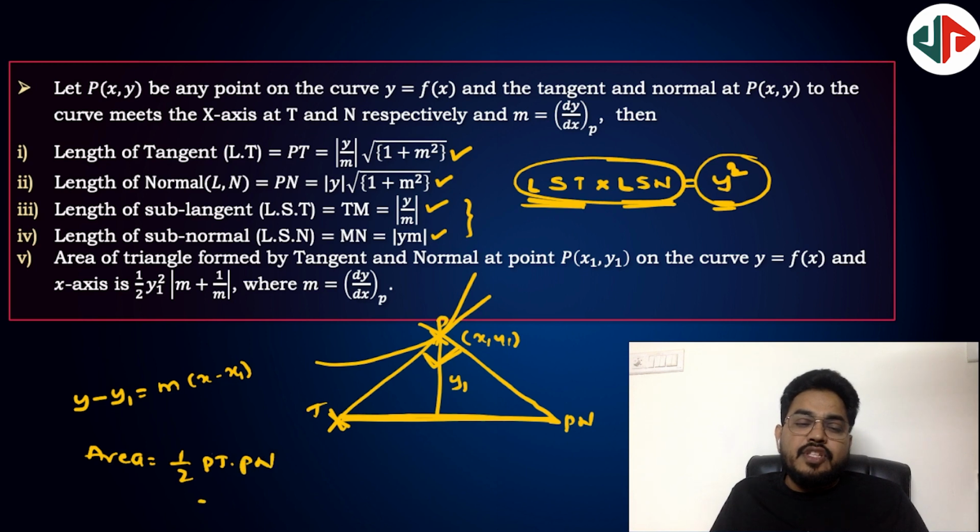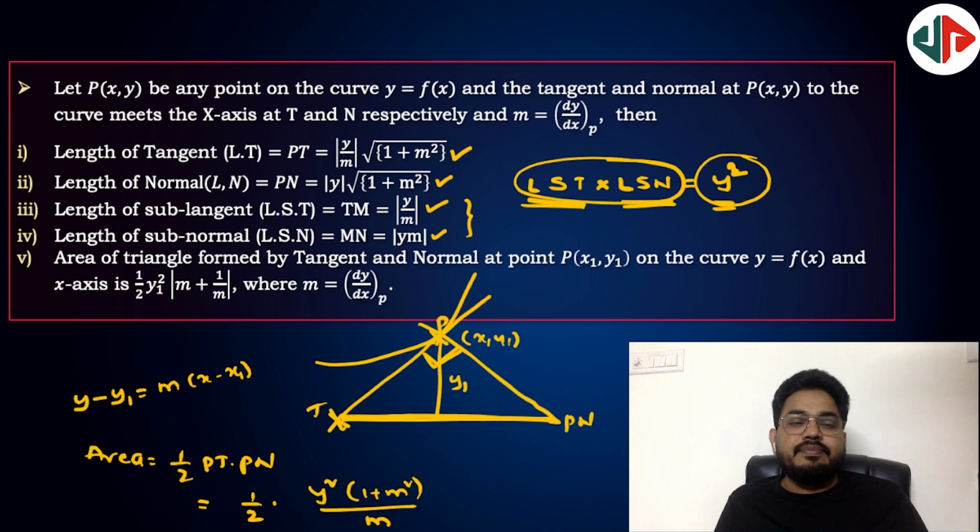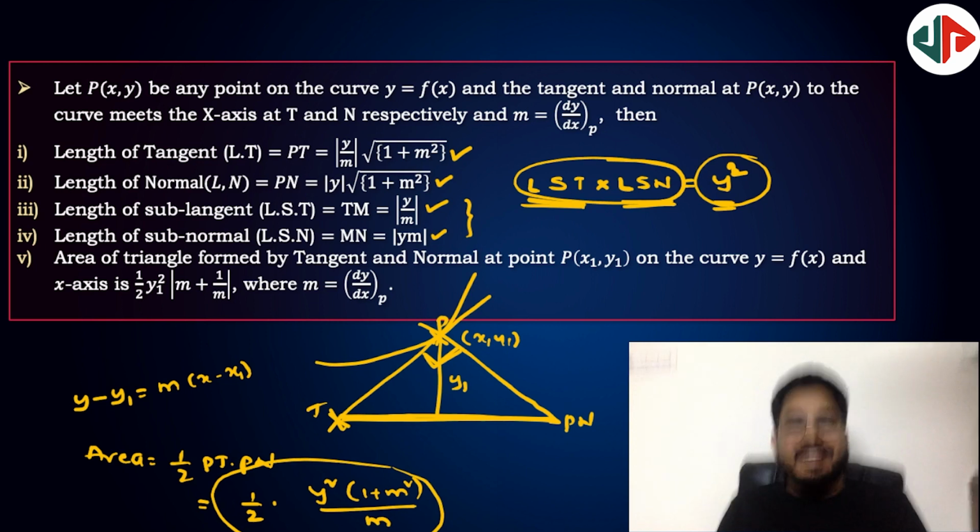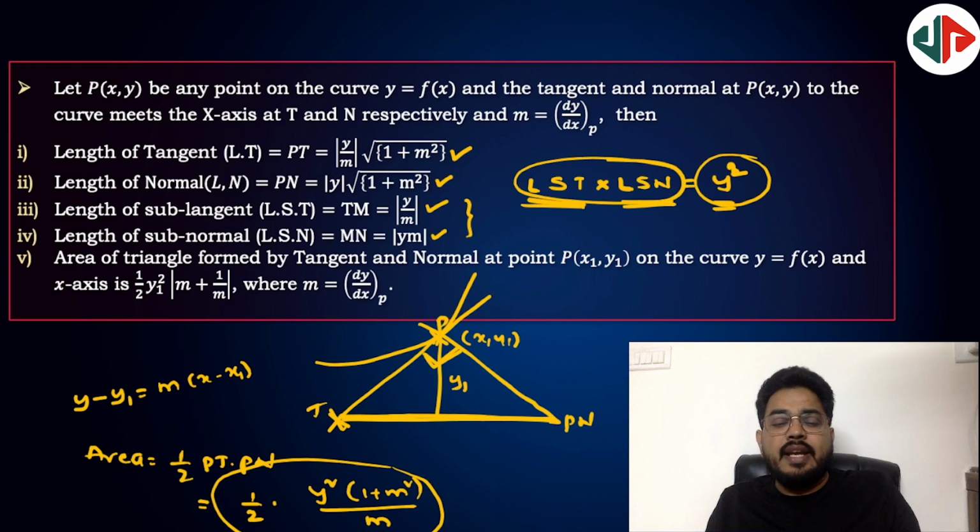So which is equal to half into y square into 1 plus m square by m. Okay. So this is the area of the triangle formed by the tangent, normal and x-axis.